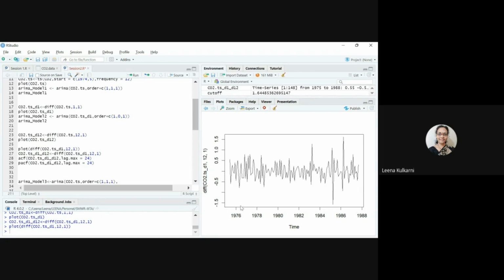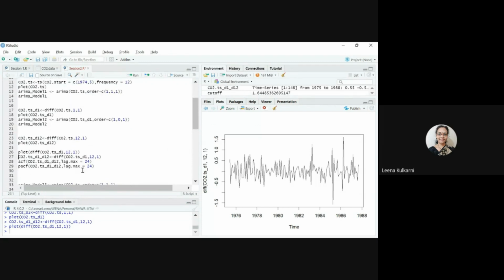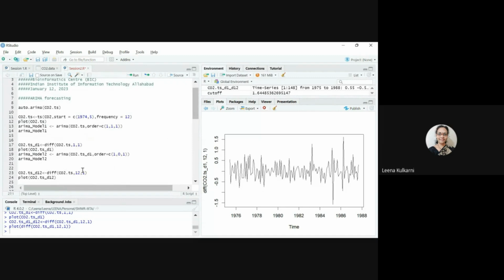If you look at the plot, it is now mean stationary as well as variance stationary, and there is no visible repetitive pattern in this data set. Is it fine?